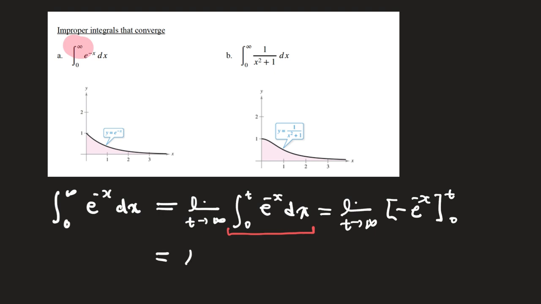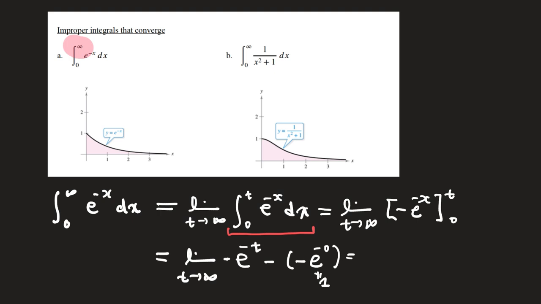So this is the limit as t approaches infinity. When you plug in the t value, we get negative e to the negative t minus negative e to the negative 0, which is positive 1.